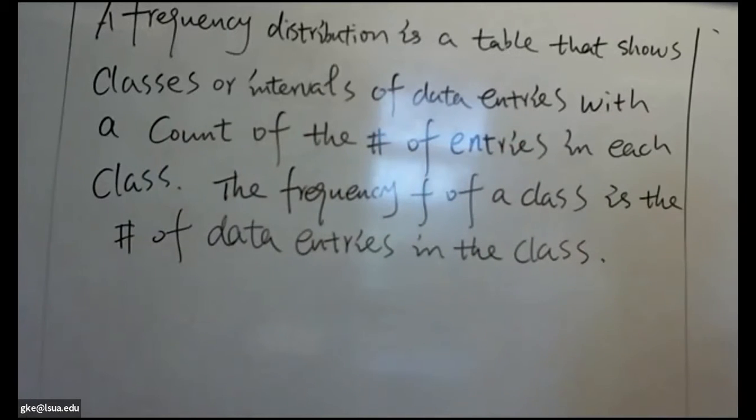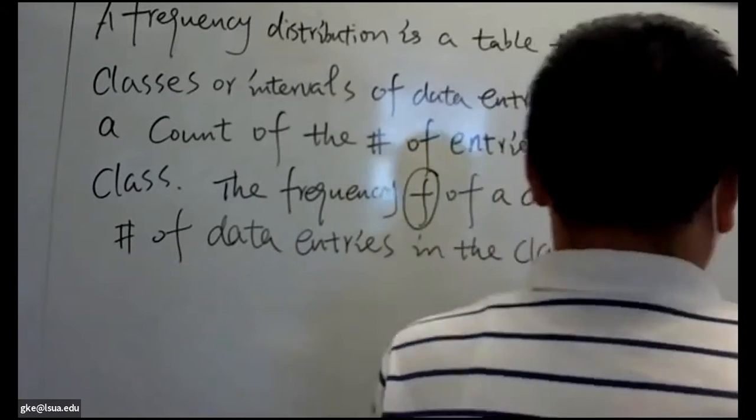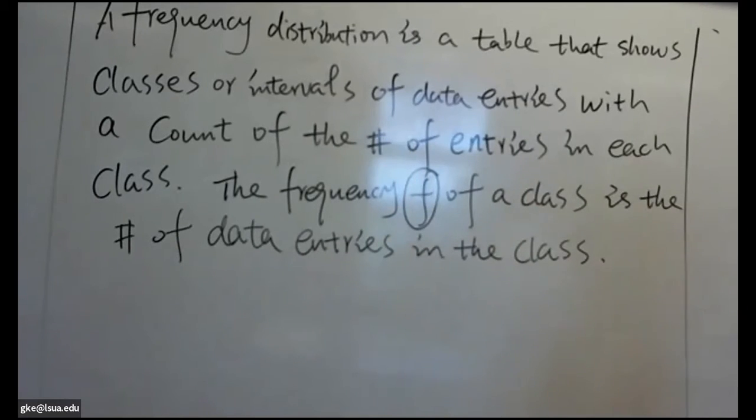Okay, so that's the definition. A frequency distribution is a table that shows classes or intervals of data entries with a count of the number of entries in each class. And the frequency, we indicate with the symbol F.